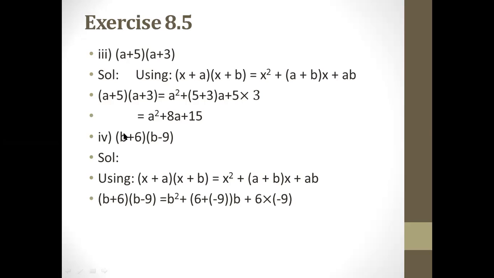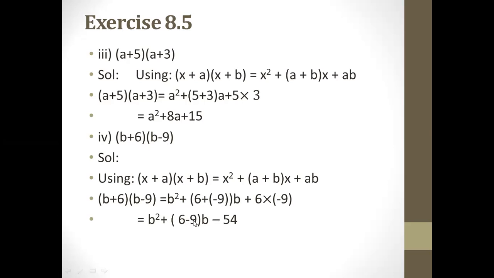So here b multiply b, square, plus 6 plus minus 9 with the variable b, plus 6 multiply with minus 9. This negative sign is the sign of the value, not the formula. So here when you have one term minus and the other positive, we subtract them and put the sign of the greater number. So 9 minus 6 is 3, 9 is greater, so minus 3b.